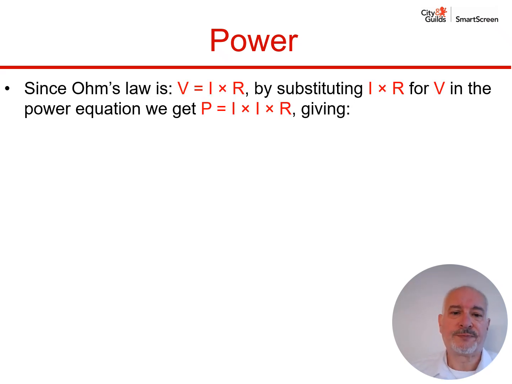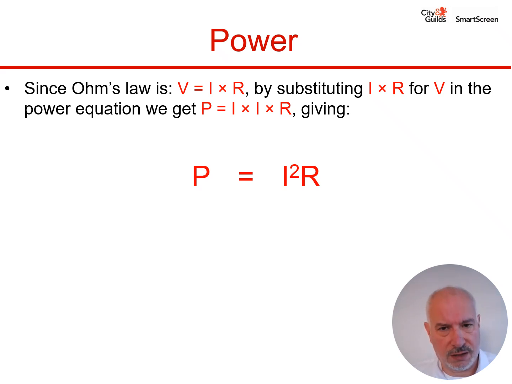Since Ohm's law is V equals I times R, what we can do is substitute the I times R for V in the power equation, and then we get P equals I times I times R, giving us a new formula which is P equals I squared R. Now that formula works in AC as well as DC, so unlike the first formula, P equals IV, which only works in DC circuits. This is true in AC and DC, P equals I squared R.